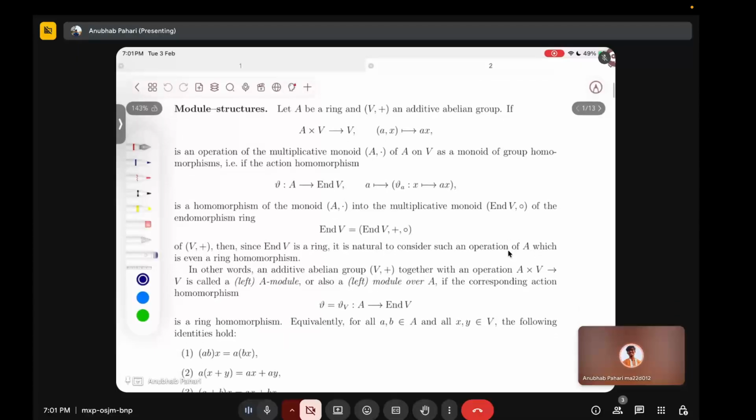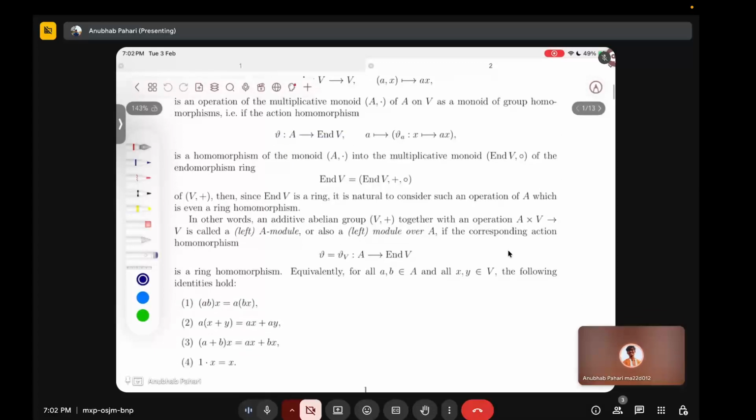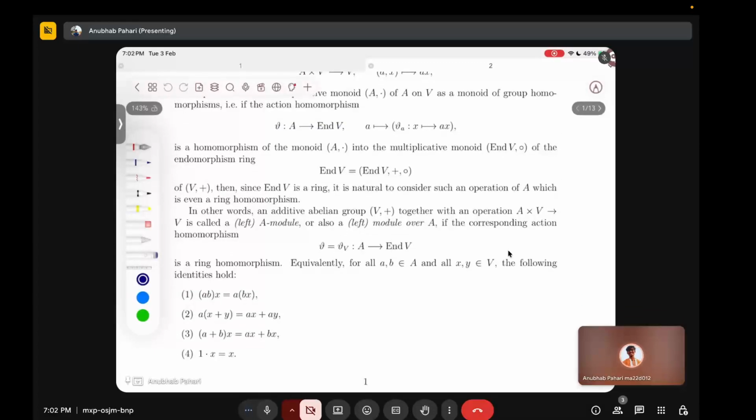Since you already know that the endomorphism of V is a ring, we talked about this in the last class. It is natural to consider such an operation of A which is even a ring homomorphism. That means if we can make this homomorphism into a ring homomorphism, and in other words, an additive abelian group, where the operation is addition and also commutative, together with this operation or action, is called a left A-module.